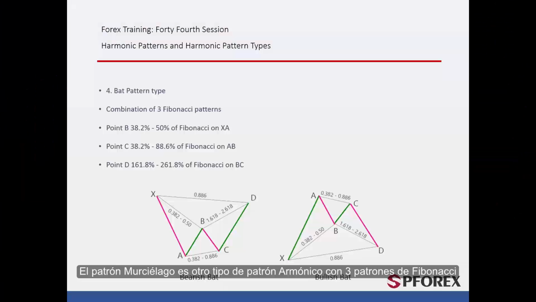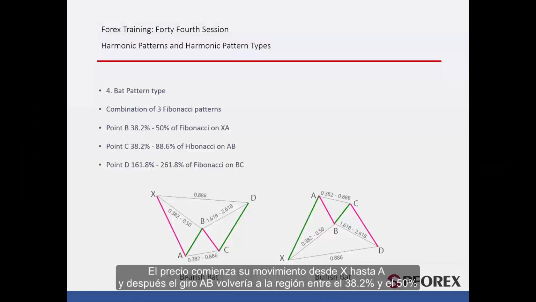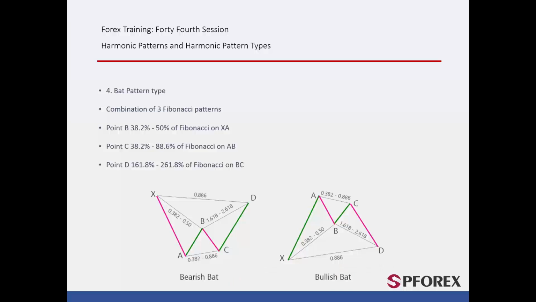A bat pattern is another harmonic type with 3 Fibonacci patterns. Price starts its movement from X to A, then a B swing would return to a region between 38.2% and 50%. The trend returns from B to point C, which is between 38.2% and 88.6% of Fibonacci AB.